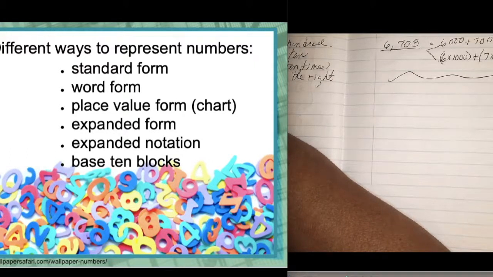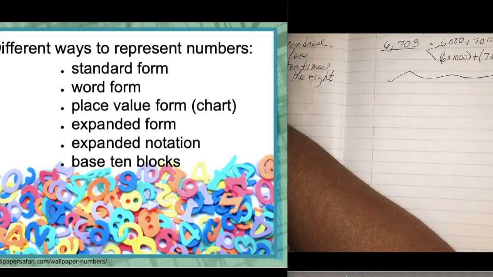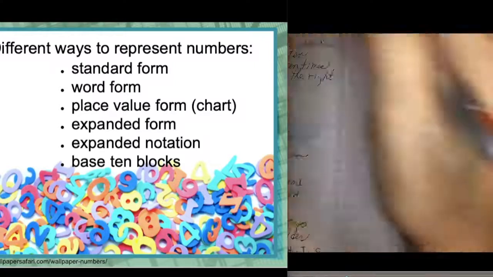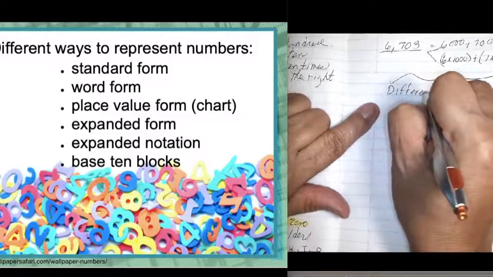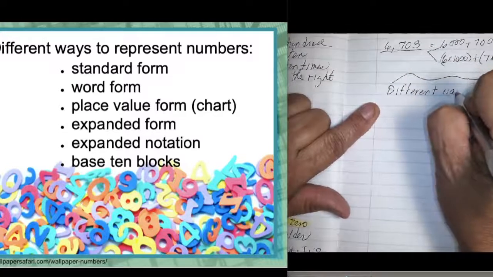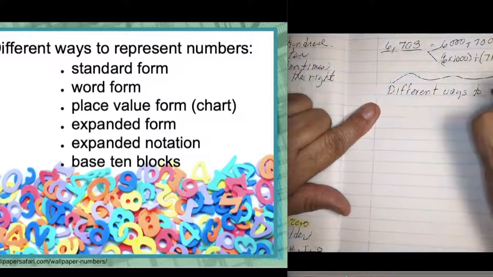We're going to do expanded form, which we just did, the 2 forms. We're going to look at expanded notation, which uses exponents. And then we're going to introduce quickly base 10 blocks. So let's look at that. So the title of this section would be different ways to represent numbers.